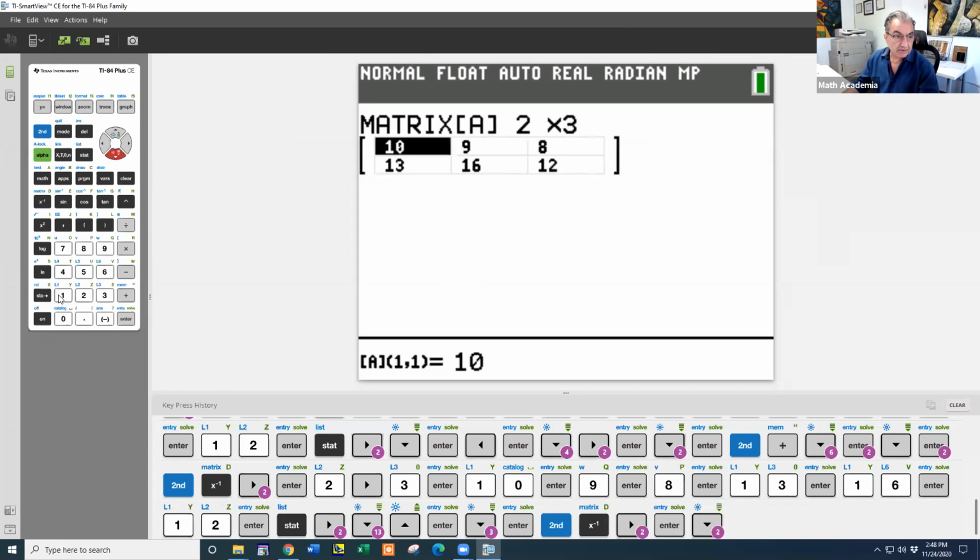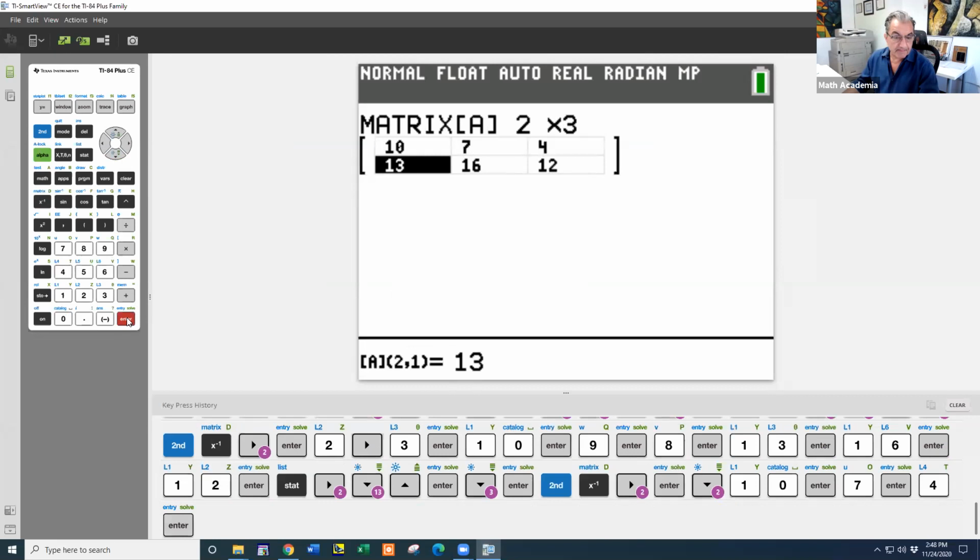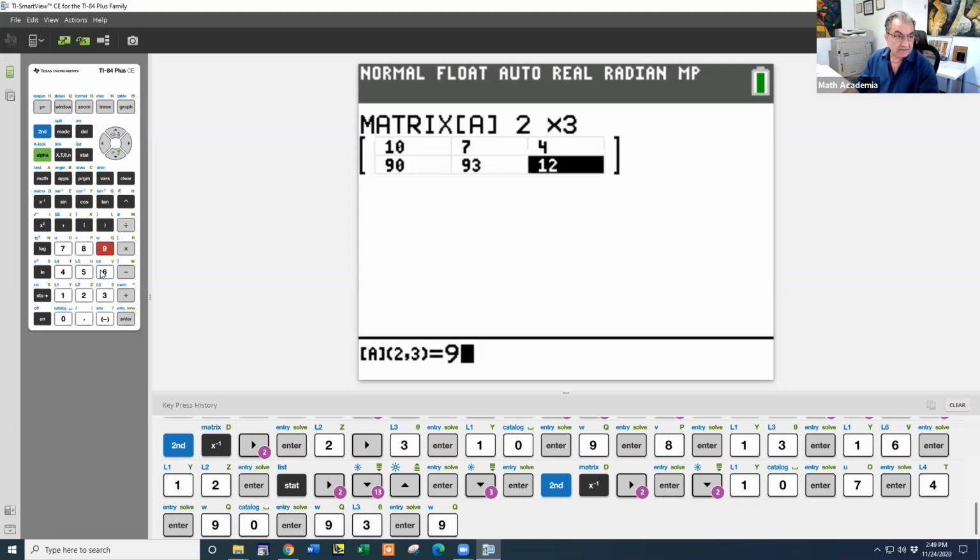We just have to change the numbers. So the first number is 10, and don't forget to enter. Then you have 7, then you have 4, then we have 90, then we have 93, then we have 96.